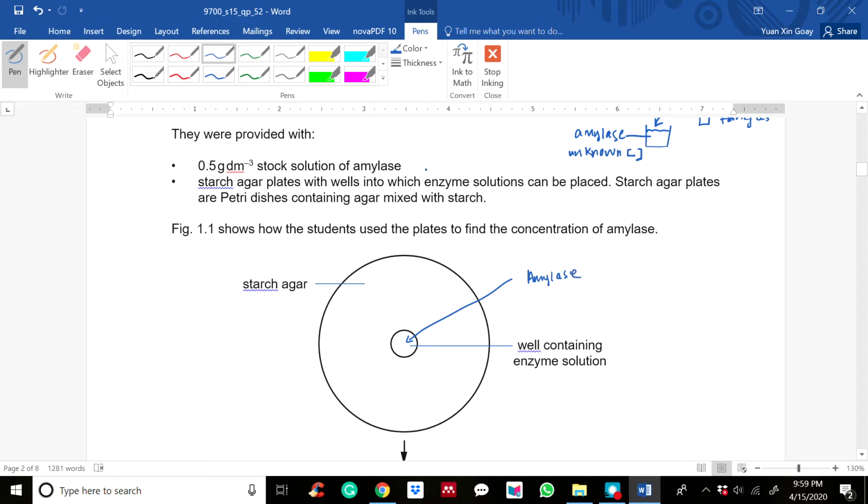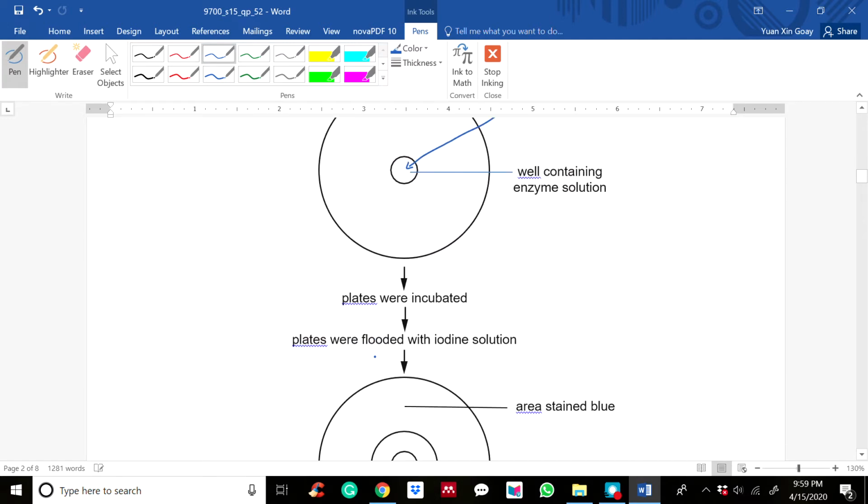If you do a dilution from the stock solutions of amylase here, let's say you have 5 dilutions, that means you will put each of the diluted amylase into 5 different petri starch agar plates. Once you put in the amylase enzyme, plates were incubated.